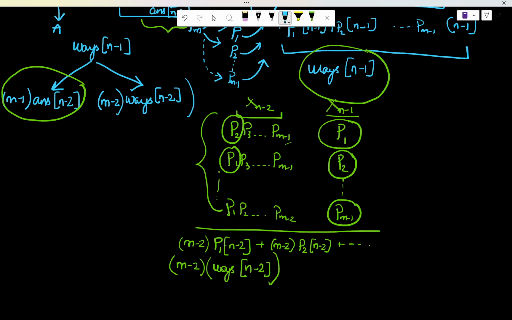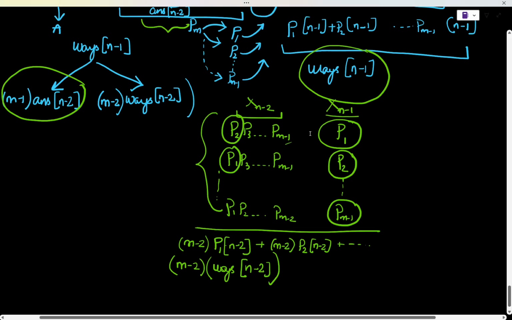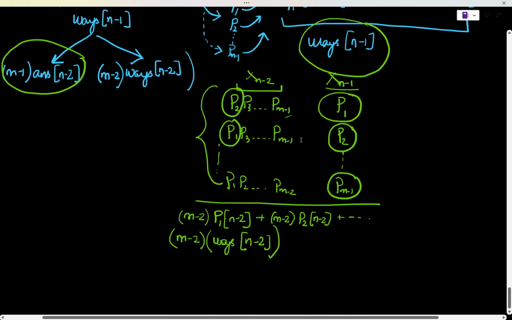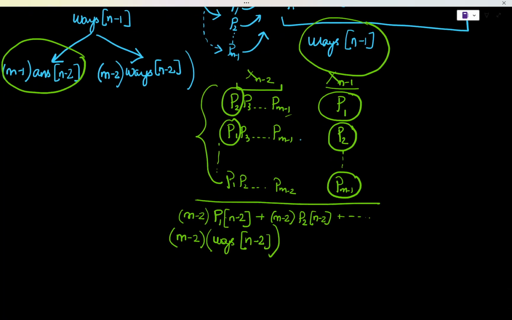Right. So, in short, if we summarize the entire thing, we have answer after n passes is the same as ways of n minus 1. So, you can write it here. Answer after n passes is the same as ways, that is, the total number of ways P1 to Pm minus 1 can receive the ball after n minus 1 passes.